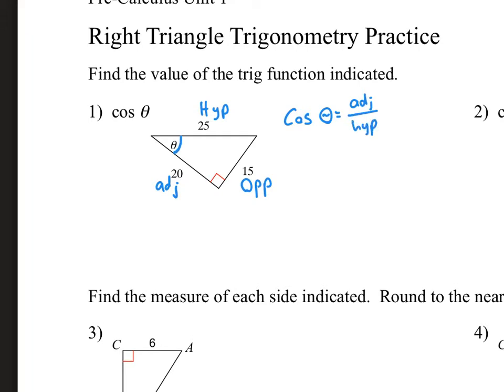And now it's just a matter of substituting in the values. So the cosine of theta in this case will be the adjacent 20 over the hypotenuse 25, and then just reduce, 4/5. And that's our answer.